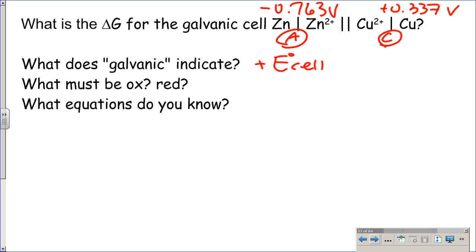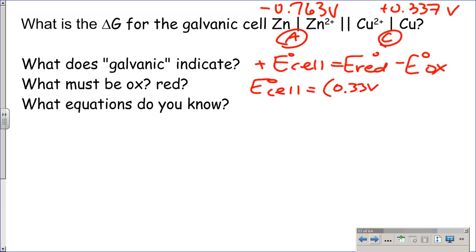So if the E cell has to be positive, when you do E of the one that's reduced minus the E of the one that is oxidized, plug your numbers in exactly as you have them. Do not switch around anything. So E cell is equal to the reduced, 0.337 volts, minus a negative 0.763 volts.